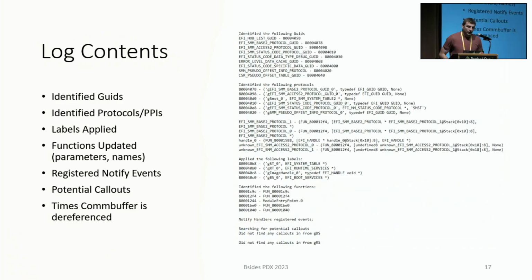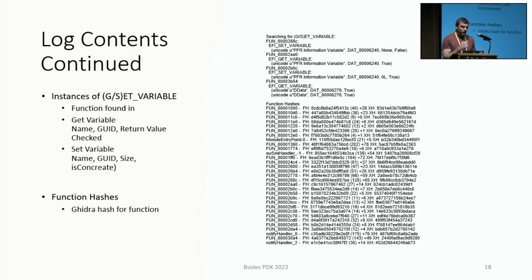So some of the log contents, looking at the GUIDs again, the protocols, and then it just kind of shows some of the various things we talked about, potential callouts, notify events, and times the COM buffer was dereferenced. Here's some examples of the get and set variable, which ones were actually referenced, and then to do the regression testing, we took a snapshot of what Ghidra says its function hashes are for the functions.